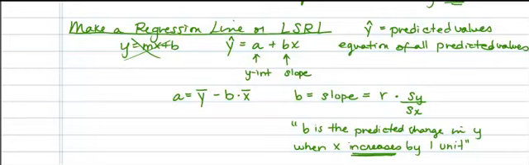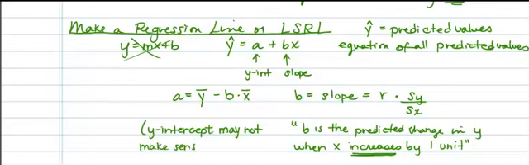As far as the y-intercept, it may not actually make sense. Remember when I was saying that if you have a graph, and it was between, I think on the last page, it was between 30 and 60, okay?